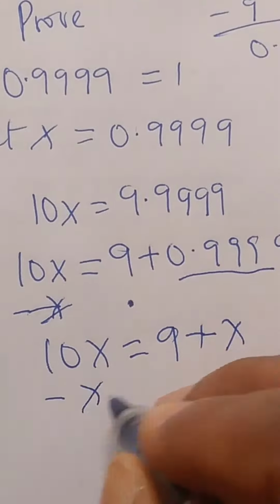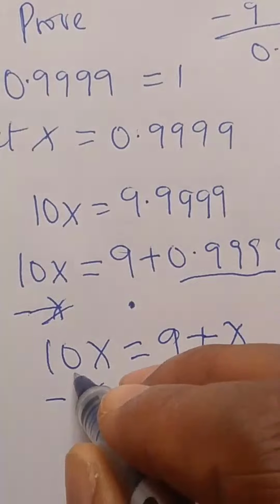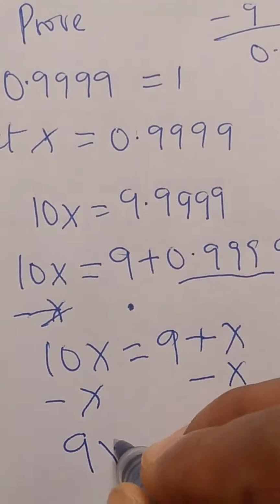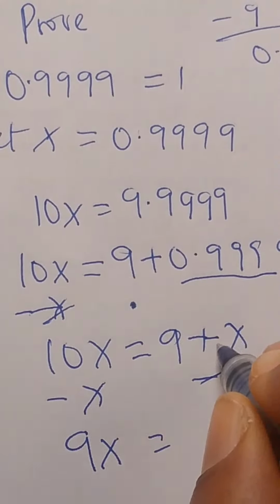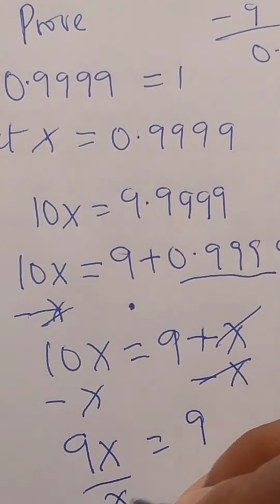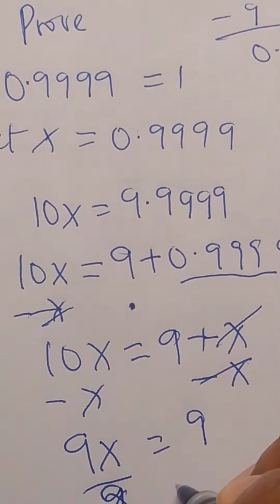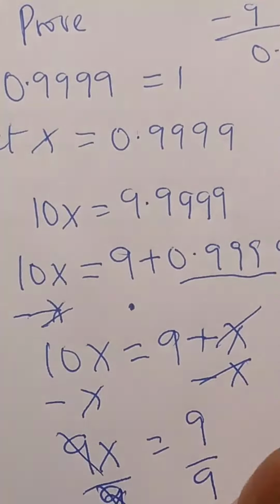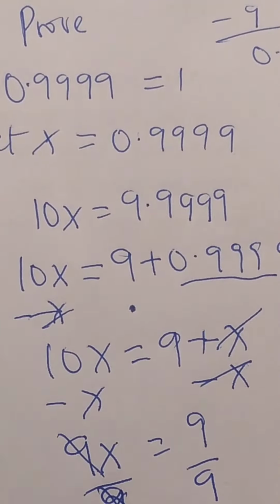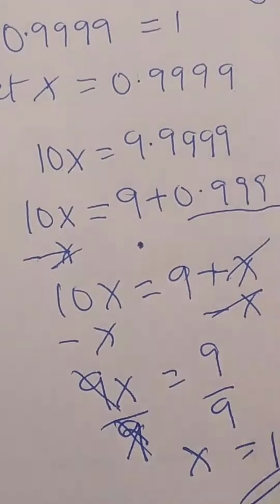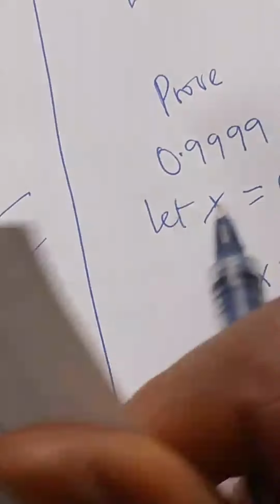So do minus x here, do minus x here. x minus x will give us 9x is equal to 9. Divided by 9, divided by 9. 9 divided by 9 we have x, and 9 divided by 9 will give us 1. So that is it. It's just easy, but it's manipulation. They are just using it to catch attention. It's not what it is, okay?